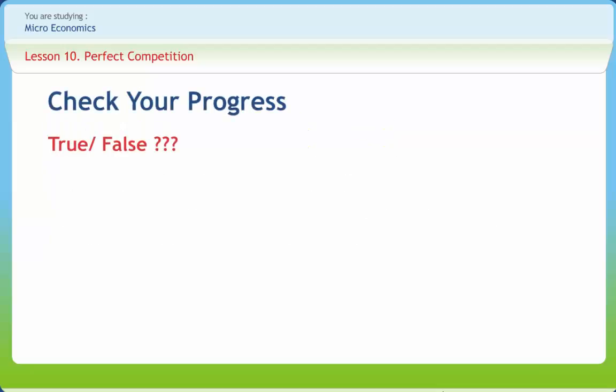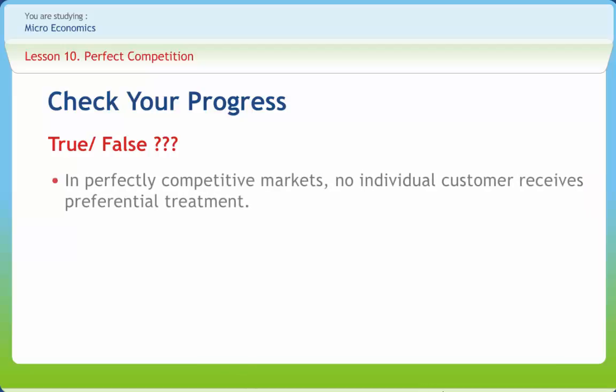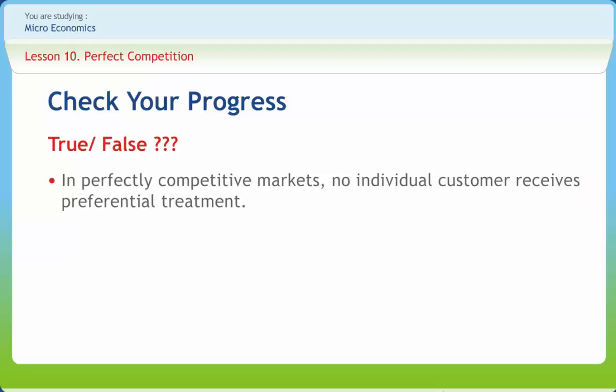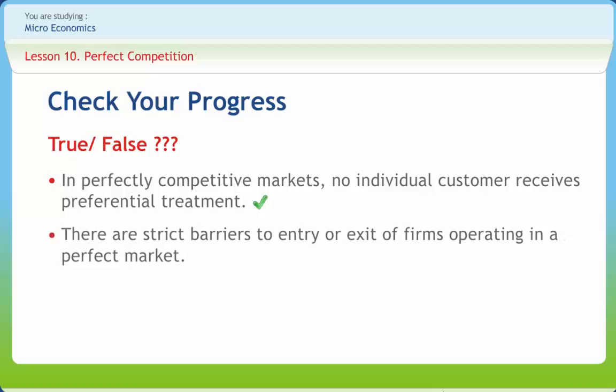Now let us check if we have understood the various concepts discussed in this lesson clearly. In perfectly competitive markets, no individual customer receives preferential treatment. Right or wrong? Right. There are strict barriers to entry or exit of firms operating in a perfect market.